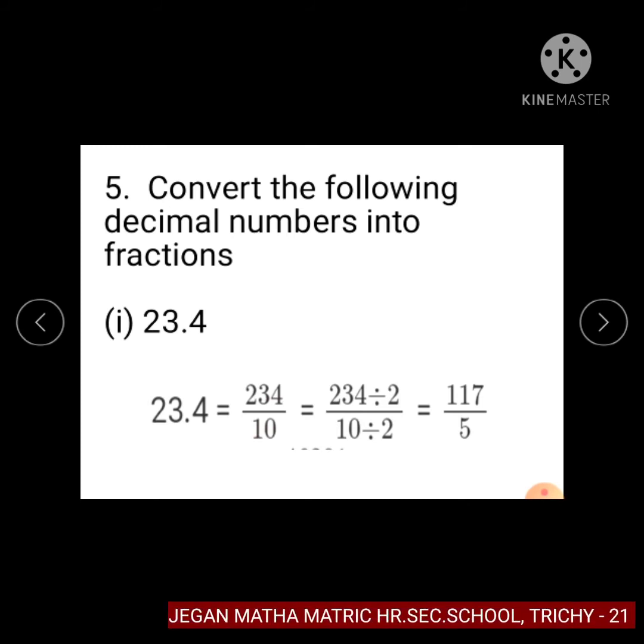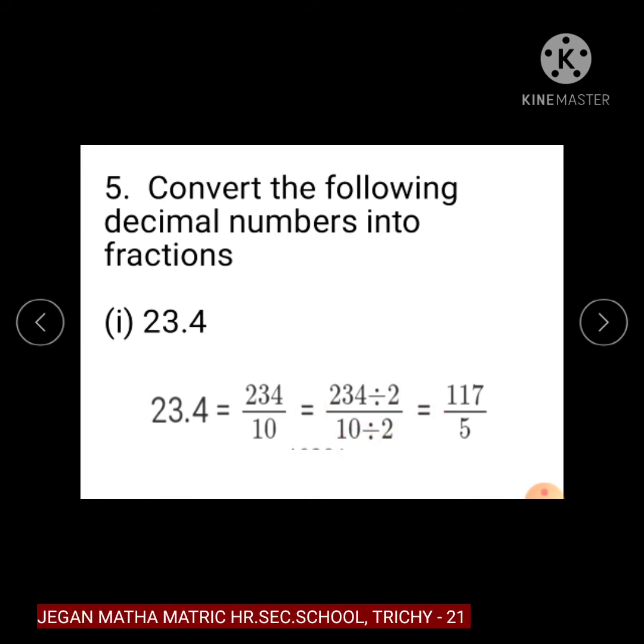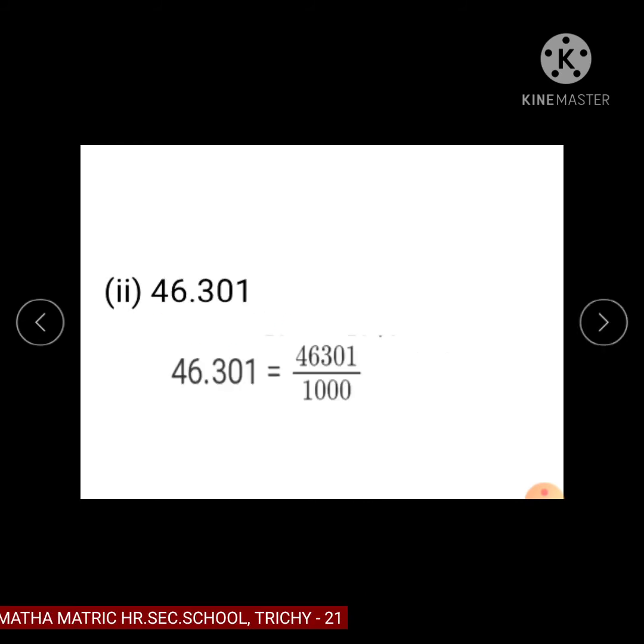Now 234 and 10 are even numbers which are divisible by 2. 234 divided by 2 over 10 divided by 2 equal to 117 by 5. 117 by 5 is the fraction form of 23.4.